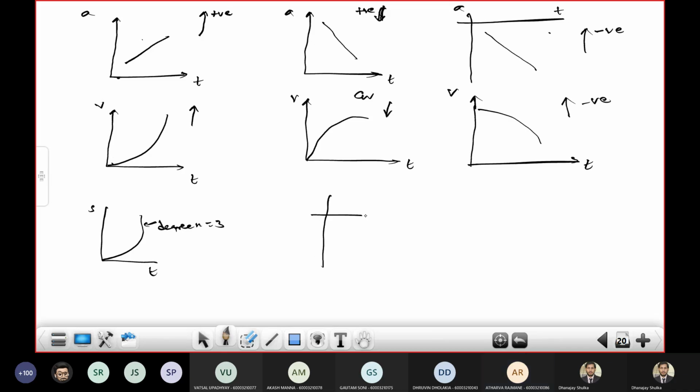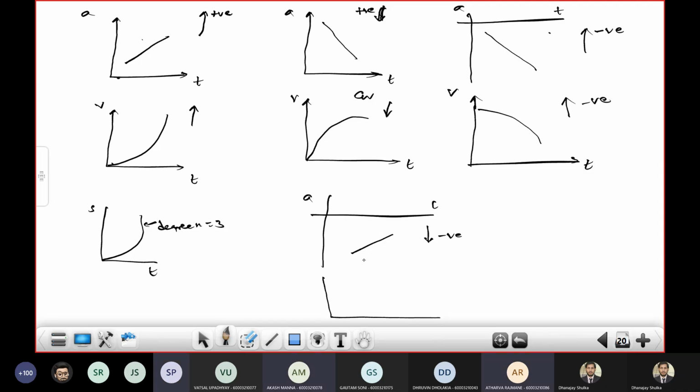Similarly, if you have suppose like this, it is what? ये कैसा है? Decreasing in the negative directions, right? This is your VT. Oh, sorry, AT, let's say. तो VT कैसा होगा यहाँ पे?